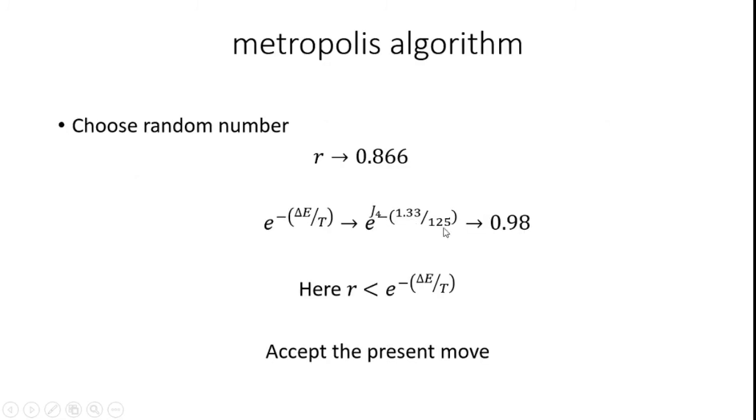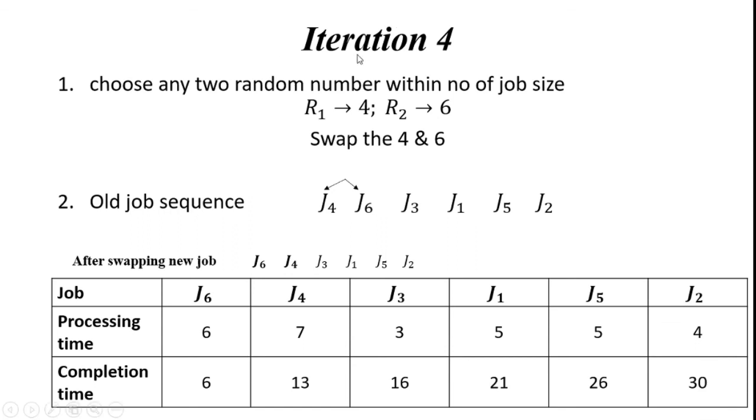So I got 0.98. The generated random number is 0.866 and my computed value is 0.98. So 0.866 is less than 0.98, so accept the present iteration and move to the next iteration, which is iteration 4.